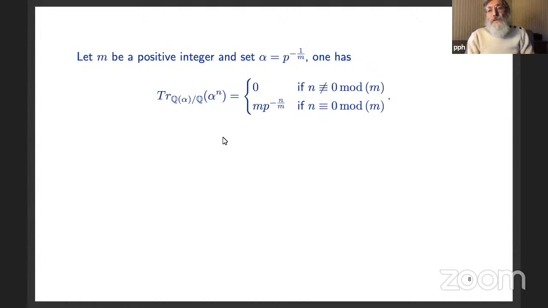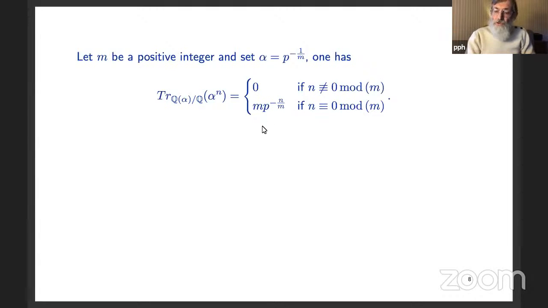And when you look at the trace, if n is not divisible by m, then these roots of unity add up to 0. And only if n is divisible by m, you find m p to the minus n over m.